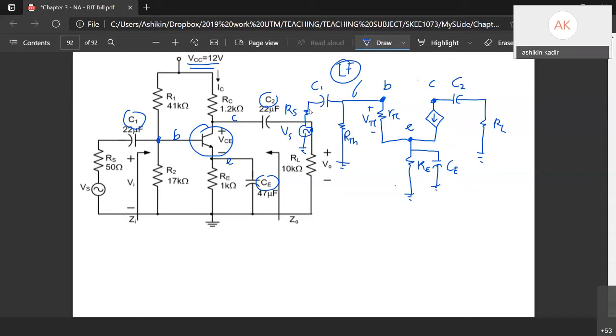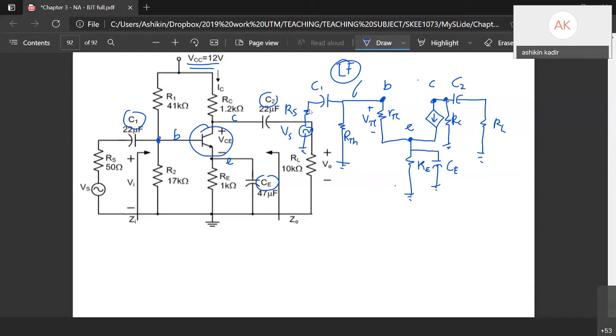Firstly, we take the effect of C1. What we can do is, from the capacitor, determine the frequency that is affected by the capacitor. Any component I have missed?